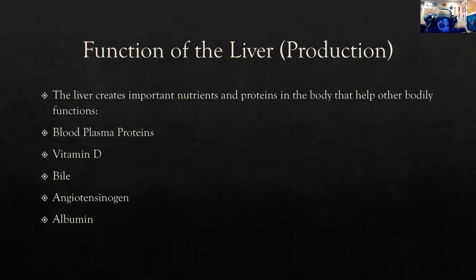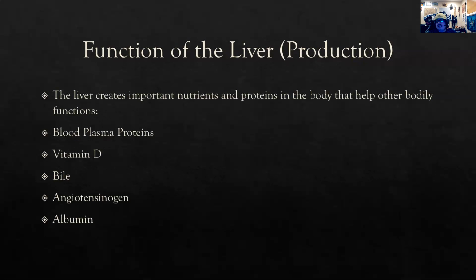So the production house of the liver creates pretty important nutrients and proteins the body needs, blood plasma proteins like albumin, which is mentioned at the bottom. So critical. Albumin is part of blood clotting factors and our ability to clot our blood, and we can thank the liver for the production of that.